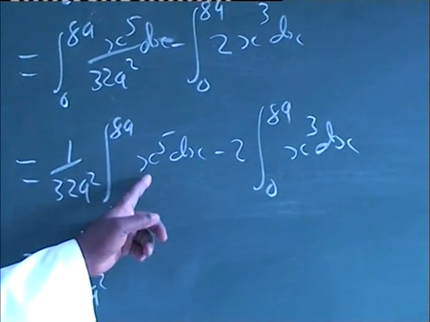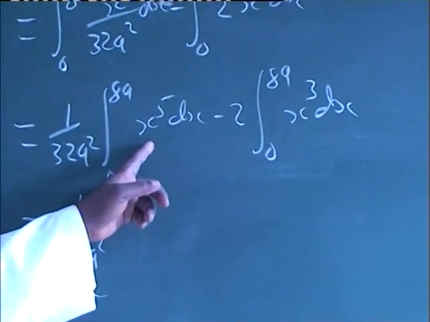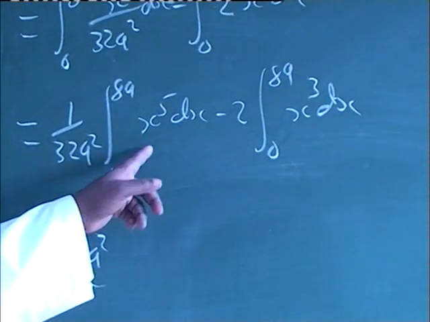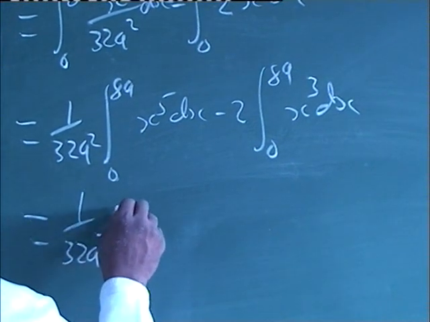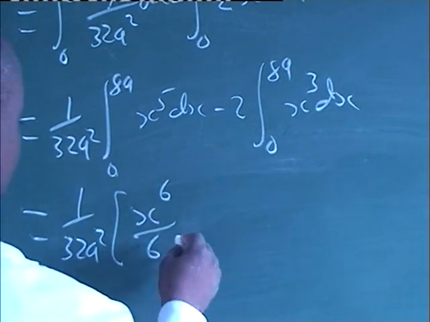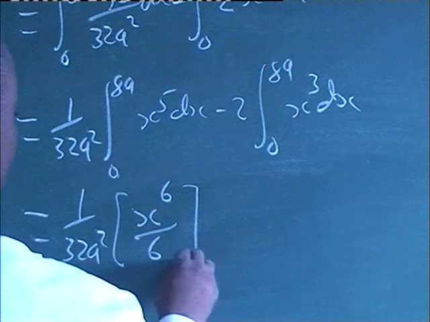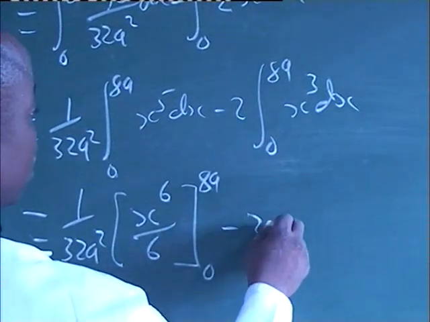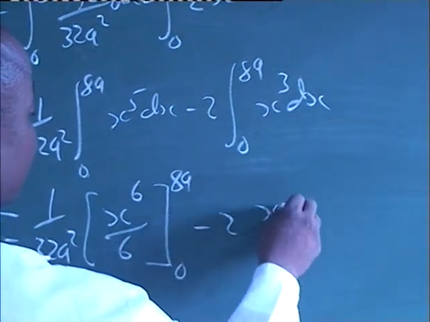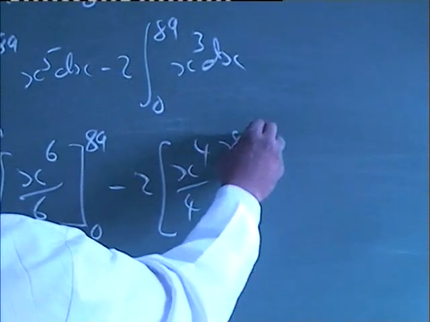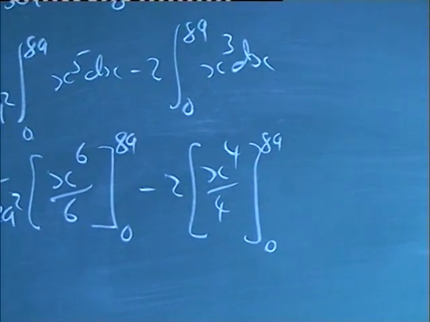If you integrate this, you will have x raised to the power 6 over 6. Then we have 8a to 0, minus 2, then here will be x raised to the power 4 over 4. Then we have 8a to 0.